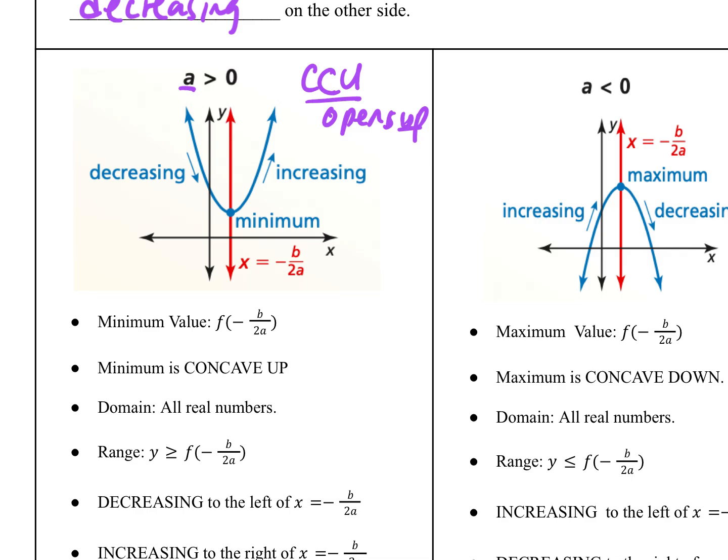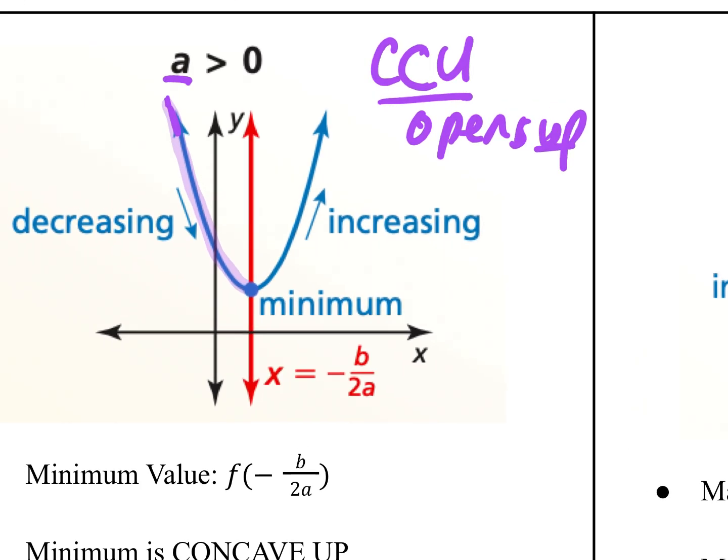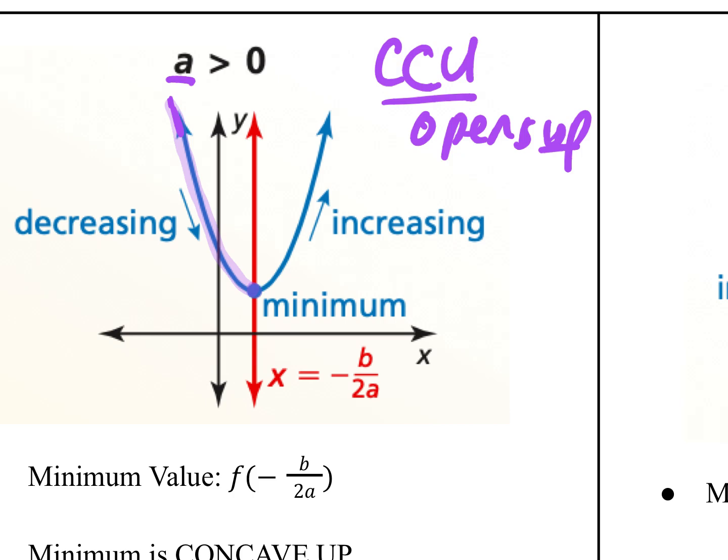Now if you trace your function from left to right, you can actually see that the function is decreasing on one side, and once it reaches the vertex, from the vertex it's going to increase again on the other side.